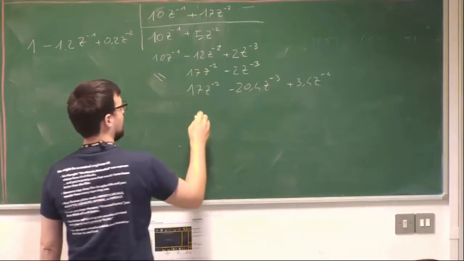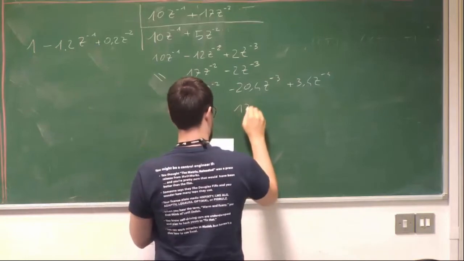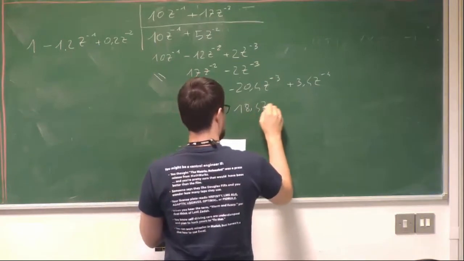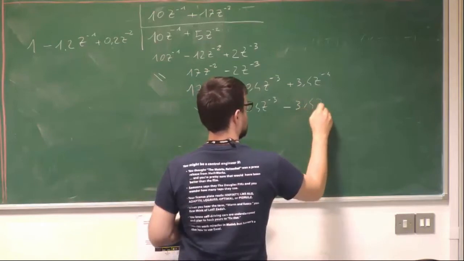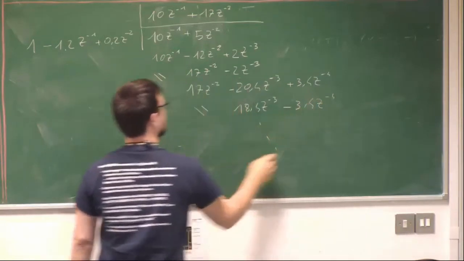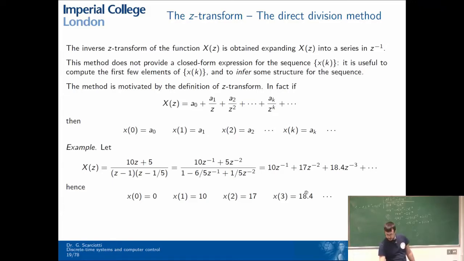We do the difference, and here we get 0, and there we get 18.4z^-3, and here minus 3.4z^-4. Then we continue in this way, and you obtain the values in this sequence: 0, 10, 17, 18.4, and so on.